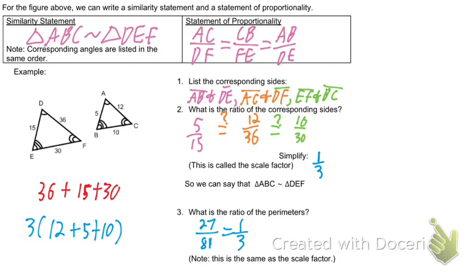Now, once again, if I were to go big triangle to little triangle, would that reciprocate my scale factor each time? Reciprocate means to flip a fraction, okay? So would that reciprocate my fraction to 3/1 if I switch the triangles and go big on top, small on bottom?